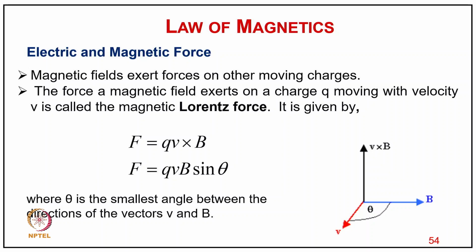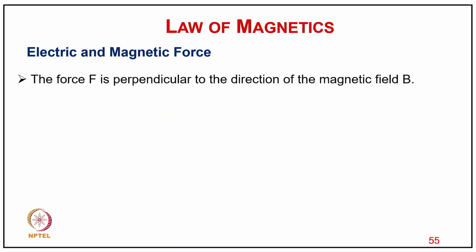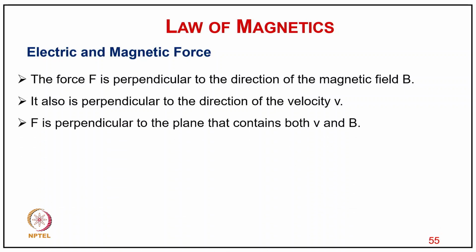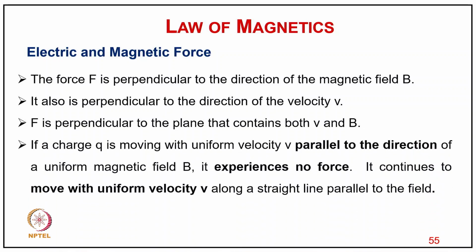You can put the value as q v B sine theta, where theta is the smallest angle between the direction of the vectors v and B. So the force F is perpendicular to the direction of the magnetic field B. It is also perpendicular to the direction of the velocity, and F is perpendicular to the plane that contains both v and B. If the charge is moving with uniform velocity v parallel to the direction of the magnetic field, it experiences no force.